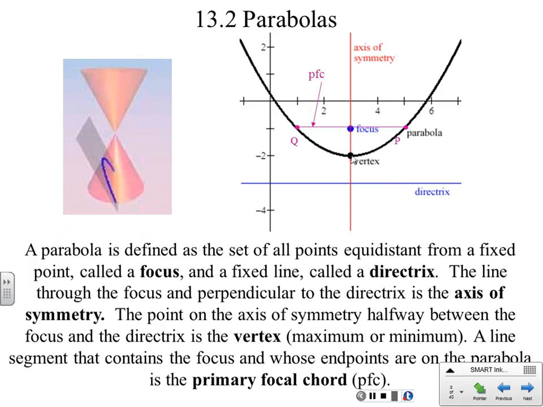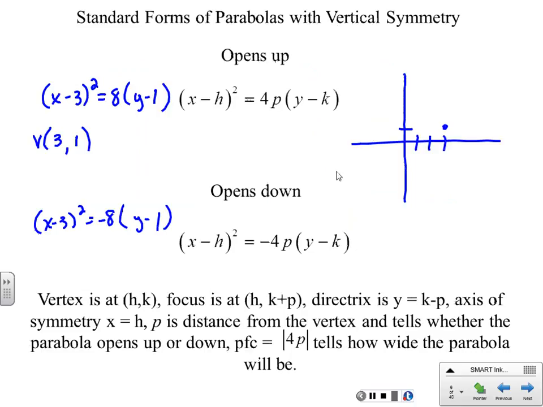But P is the distance from your vertex to your focus, or your vertex and your directrix. So how am I going to find P? What number in my equation represents 4P? 8. So you have 8 equals 4P. So what is P?